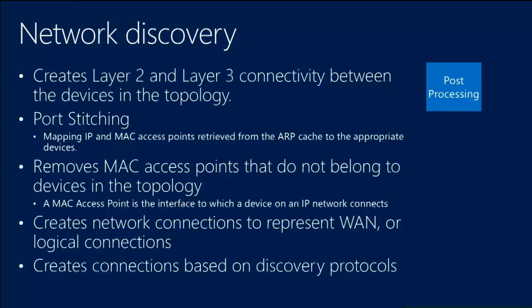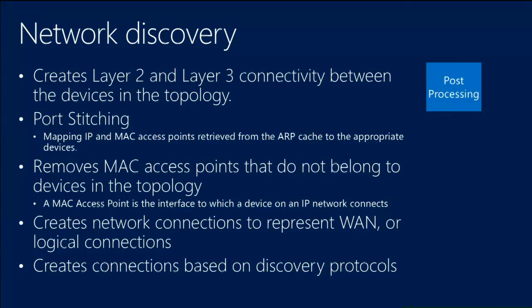Other items in the network discovery: we talked about layer 2 and layer 3 connectivity, which we create and visualize in the Ops Manager console. We do the port stitching, so again, we look at the Ops DB of the devices we know about, so those devices should be in monitoring. They should have an Ops Manager agent if they're physical devices or Unix, Linux, or whatever.